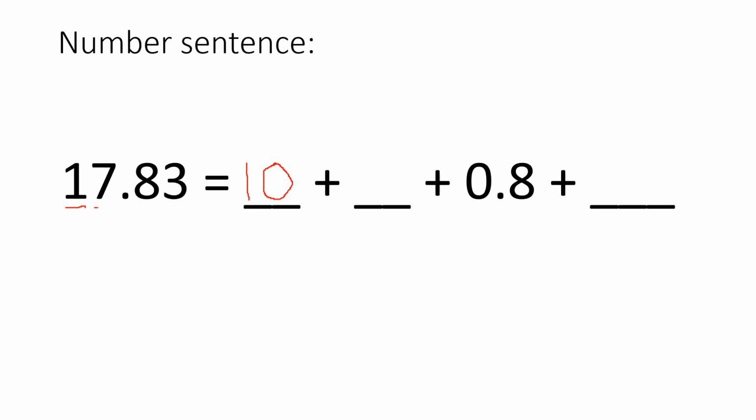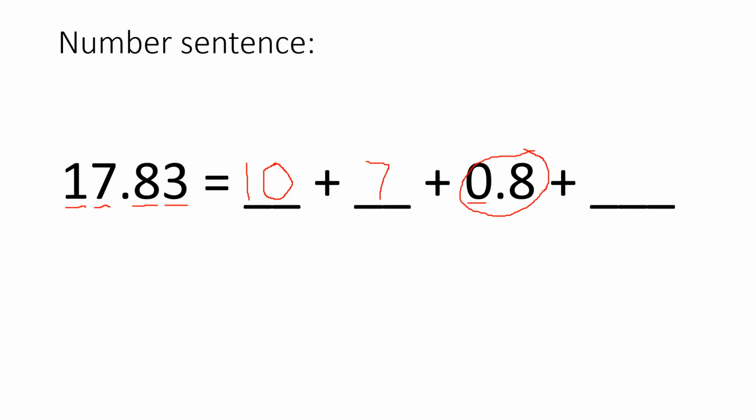My second digit is a 7 and it's in the units column, the ones column, so I know I need 7 units or 7 ones. The tenths column is 0.8. This one has been done for me. I have an 8 in the tenths column. The 0 is the placeholder. It holds the place of the units column.